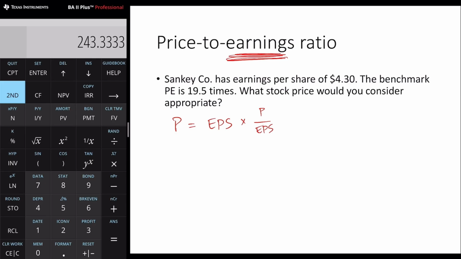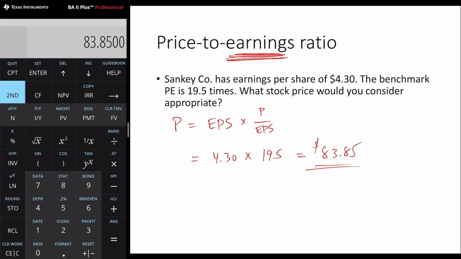So you can see it's pretty simple, pretty straightforward. Our company has earnings per share of $4.30, and we know the benchmark is 19.5. So we just take our earnings and multiply it by 19.5, and that gives us 4.3 times 19.5, $83.85.